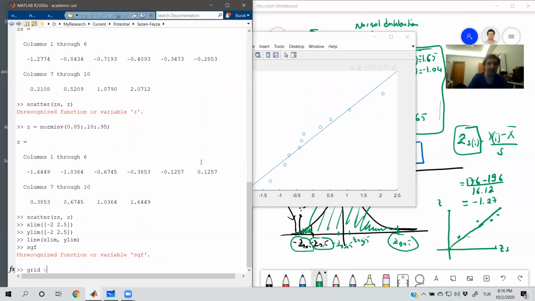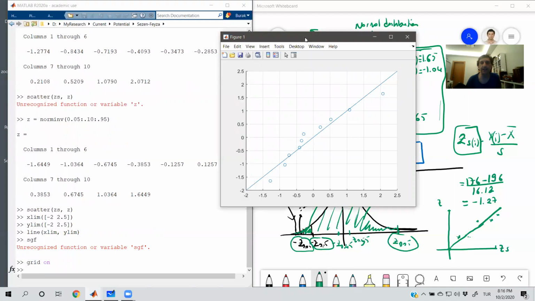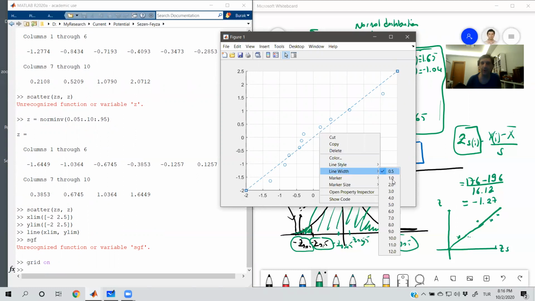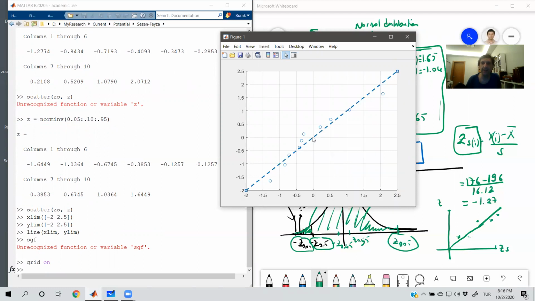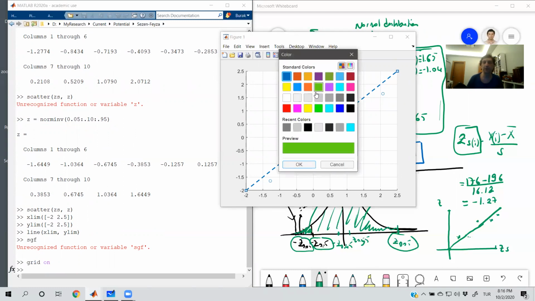And a grid function is also something that I do often to show the finer details. And maybe a line style of dashed lines with a higher width, and maybe using a different color, is going to show the whole thing better. Let's see.